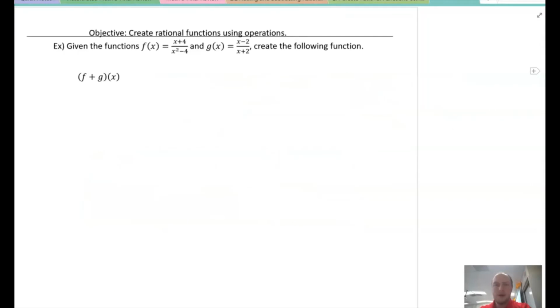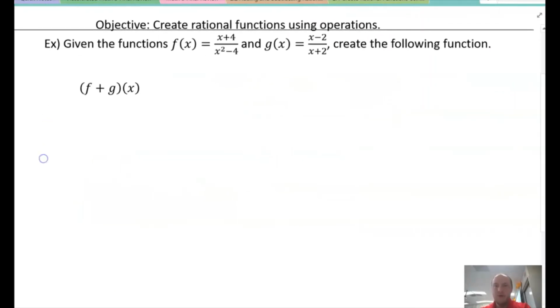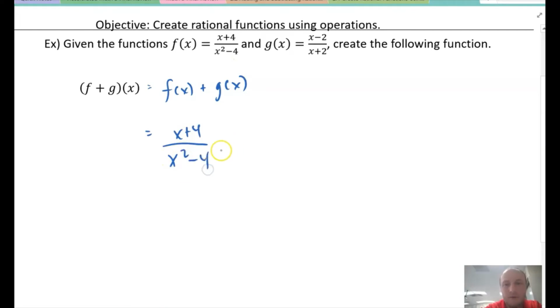Here is example 2. They want f plus g of x. Well, what do you think they're going to want us to do in this example? Add them. That's right. So I have my two functions. We'll substitute: x plus 4, plus x squared minus 4, plus x minus 2 over x plus 2.